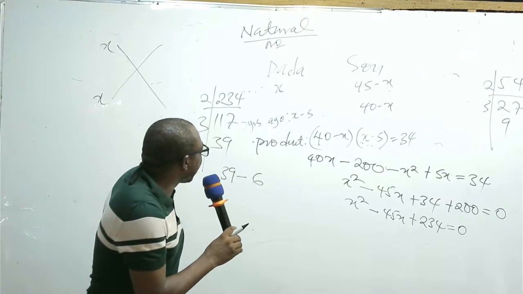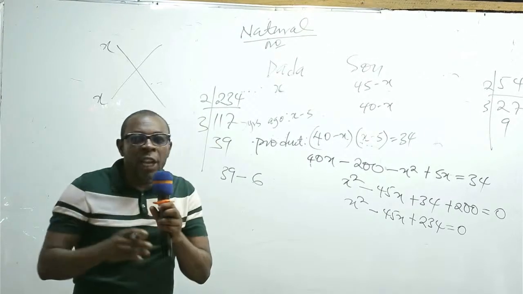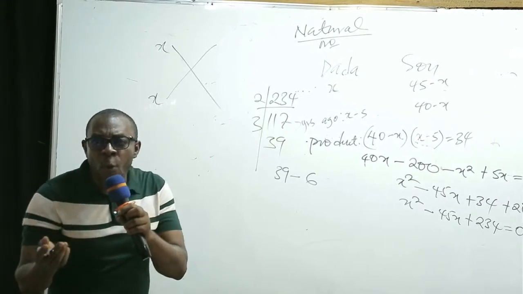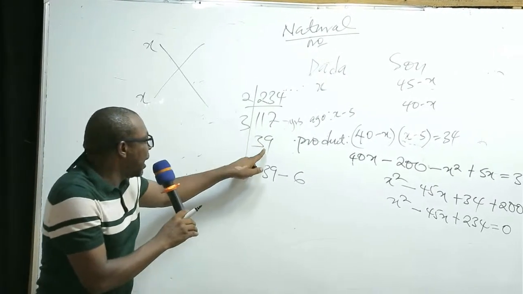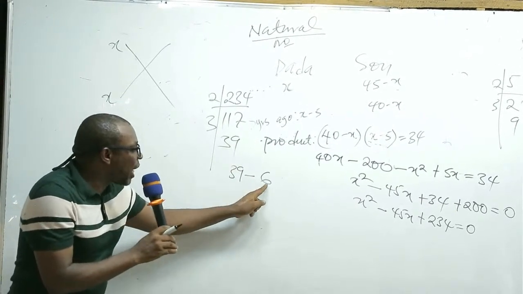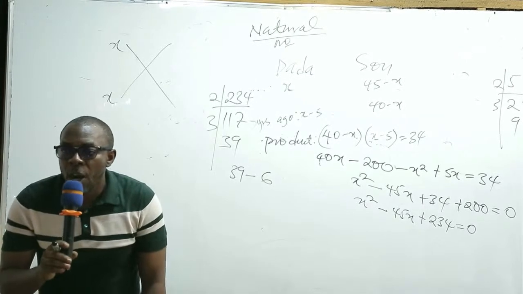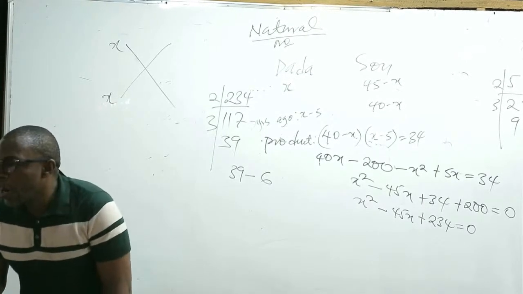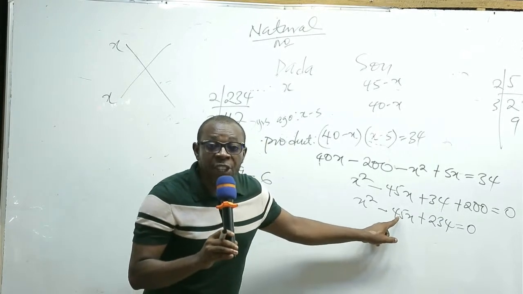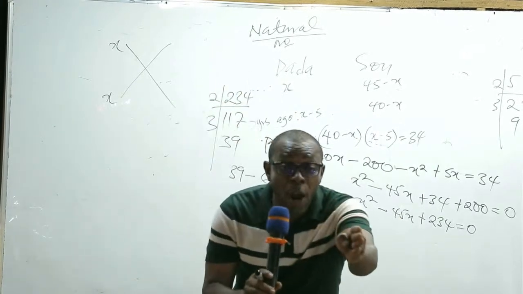Is it 33? It's not a problem now. Are you with me? I don't know why you are laughing. Now let's go. This is 30 who? 39. 39 plus 6 gives me who? Gives me who? So is it 45 I'm looking for? Is it 45 I'm looking for?